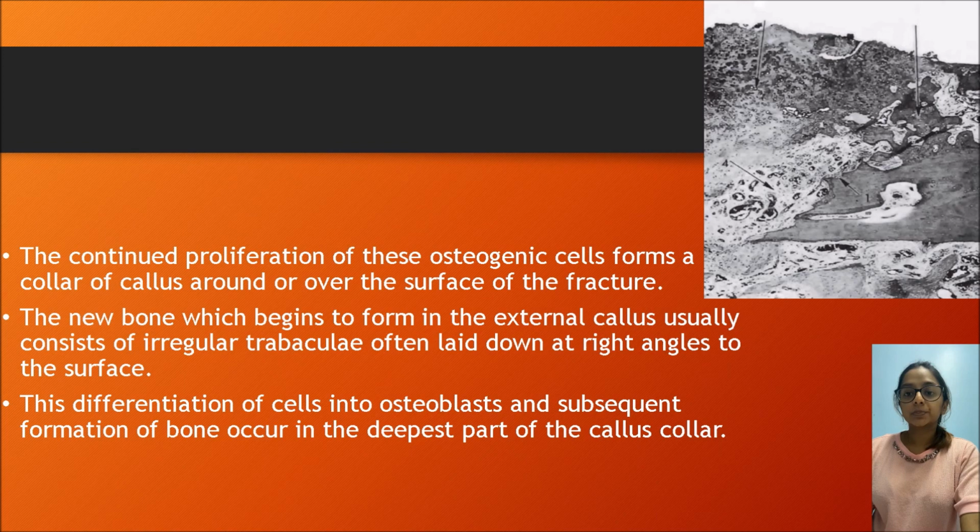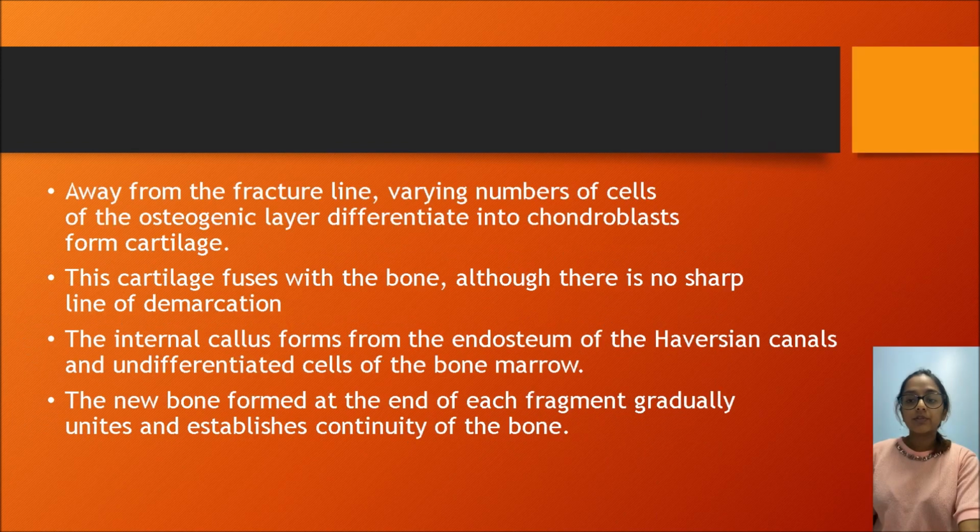The continued proliferation of these osteogenic cells forms a collar of callus around or over the surface of the fracture. The new bone which begins to form in the external callus usually will consist of irregular trabeculae, often laid down at right angles to the surface. With this differentiation of cells into osteoblasts and subsequent formation of bone away from the fracture line, there will be a number of cells of the osteogenic layer differentiating into chondroblasts to form cartilage.